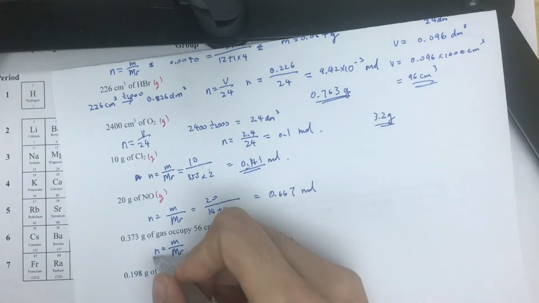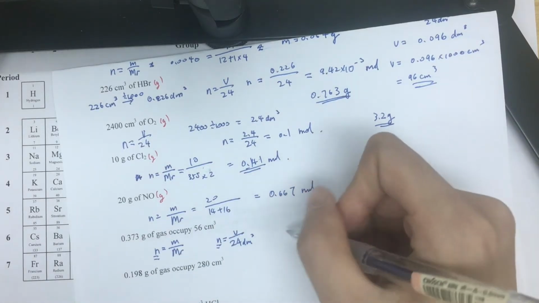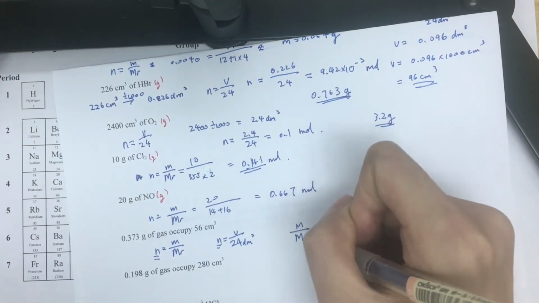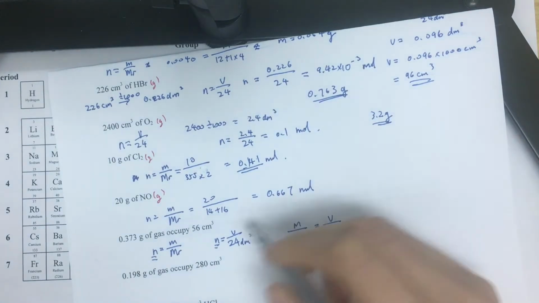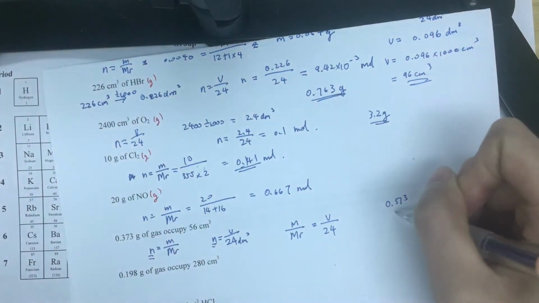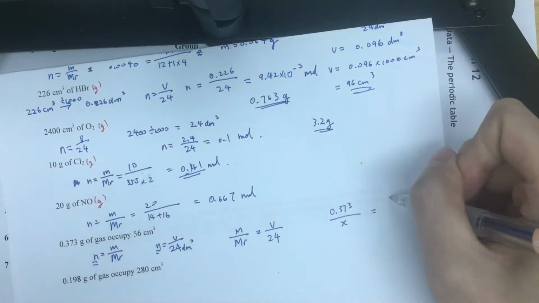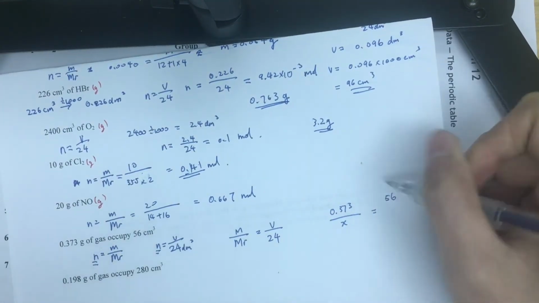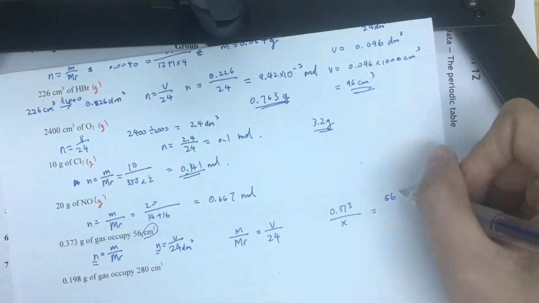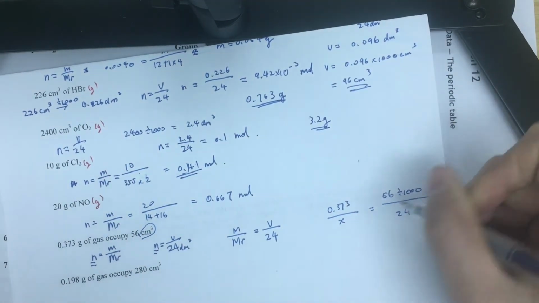Because they're the same, you can join the two equations together. m is 0.373 divided by the molar mass, which is unknown, x. Volume occupied is 56 cm cube, which means you have to divide it by 1000.